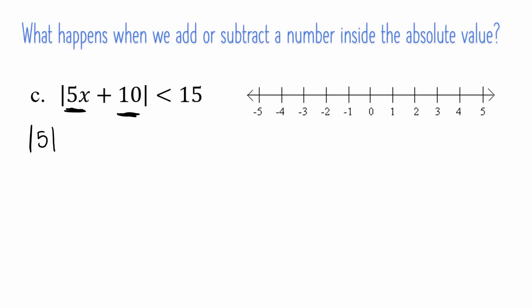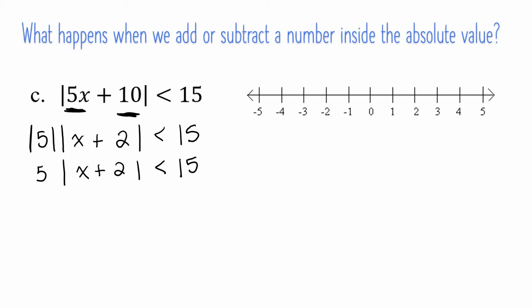So we have the absolute value of 5 times the absolute value of the quantity x plus 2 is less than 15. The absolute value of 5 is 5, so we have 5 times the absolute value of x plus 2 is less than 15, and then we can divide both sides by 5. So we have the absolute value of x plus 2 is less than 3.